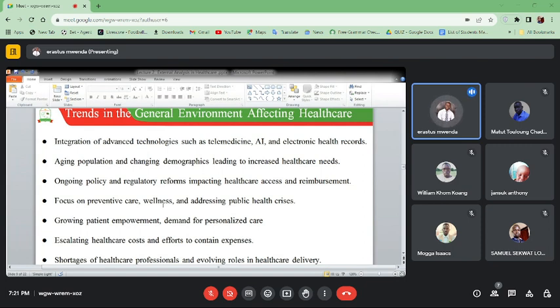Other trends are escalating healthcare costs and efforts to contain expenses. That one is a major issue. The cost of treatment nowadays has become very expensive, especially in developing countries. And therefore, we need to know how we can resolve that.